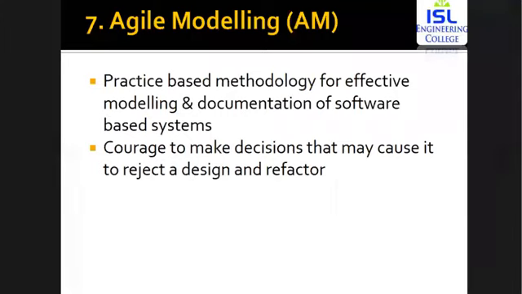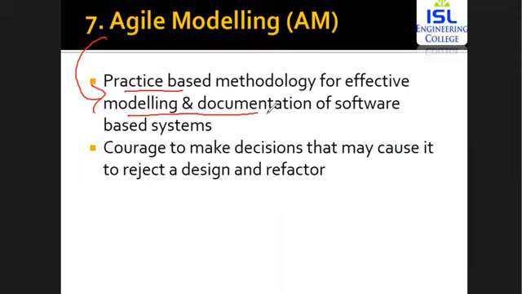The last model is Agile modeling, AM. This is a practice-based methodology for effective modeling and documentation. Now, as we have studied within the Crystal methodology model, you did not focus upon the documentation and different modeling techniques, whereas Agile modeling is going to focus upon the different modeling and documentation for the particular software that is going to be built.